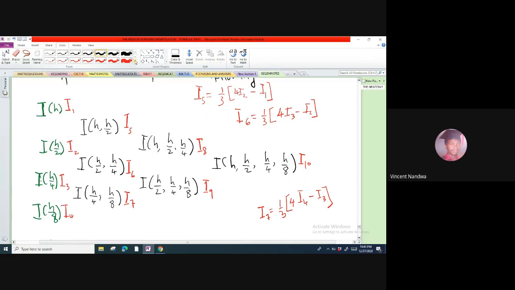Similarly, I8 is given by a third into 4 I6 minus I5, and then I9 will be given by a third into 4 I7 minus I6, and then I10 is given by a third into 4 I9 minus I8.